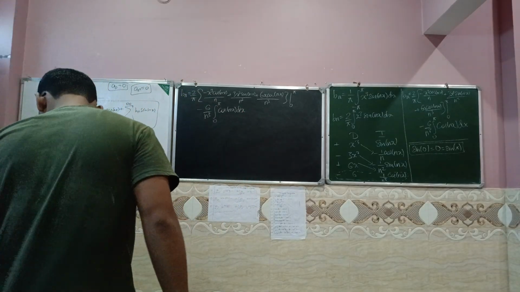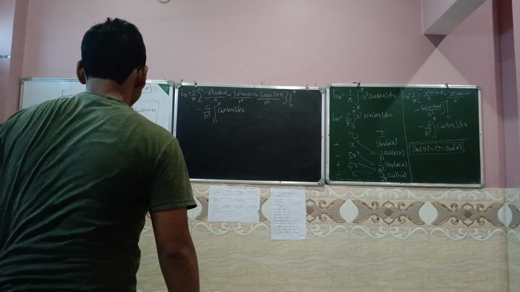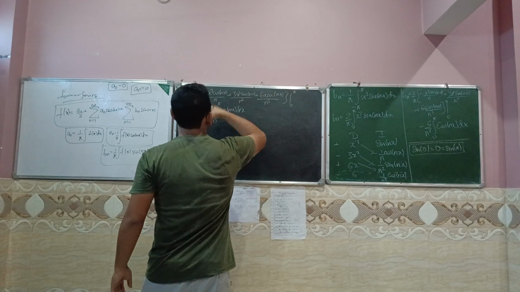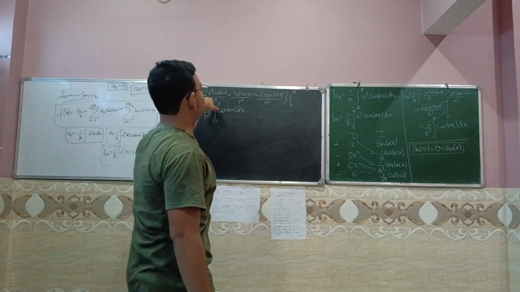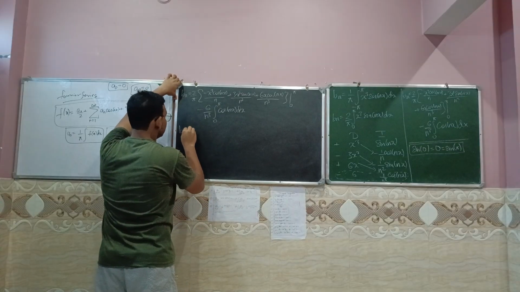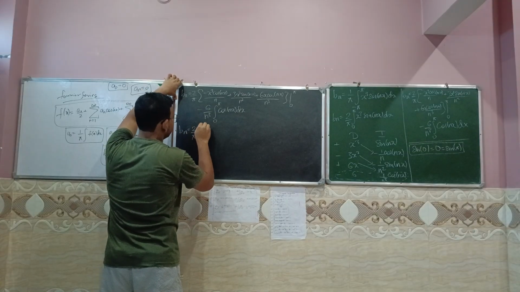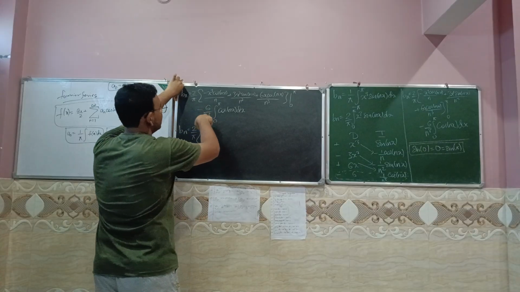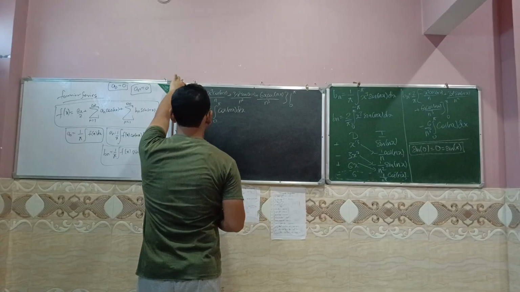Well guys, when you plug pi into this bracket, so we have bn, this 2 over pi is also multiplied with this integral, just remember that.